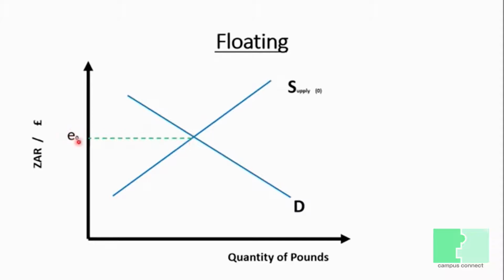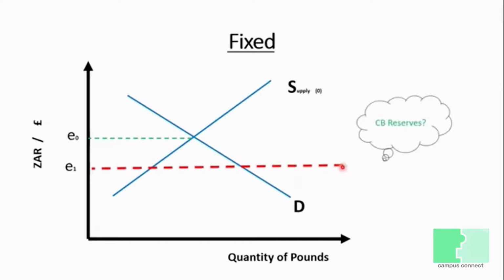Your fixed exchange rate regime, however, the central bank comes along and decides that E1 should be the prevailing exchange rate. Remember, in your balance of payments, we looked at the balance of payments being a combination of your current account, capital account, and your financial account, and your central bank reserves.